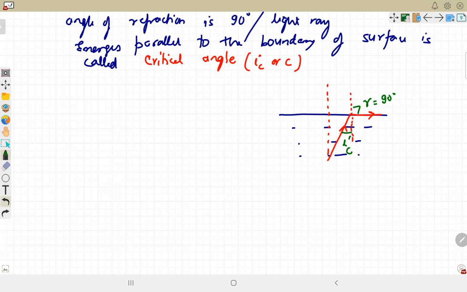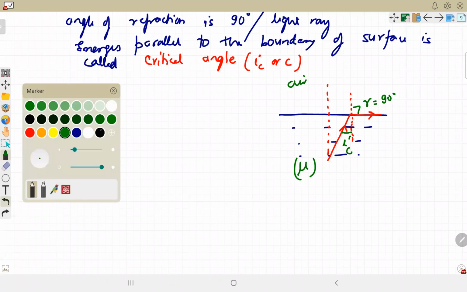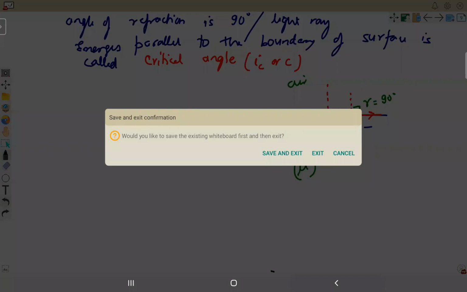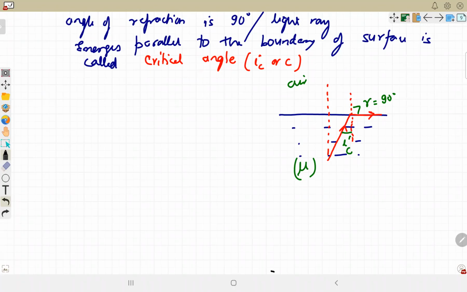So इसके लिए अगर हम फॉर्मूला अप्लाई करें, mu is the refractive index of the denser medium, air का 1 है. Apply Snell's law for this particular refraction.